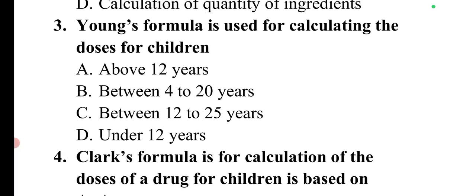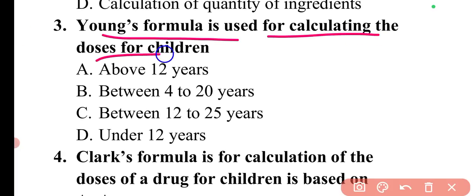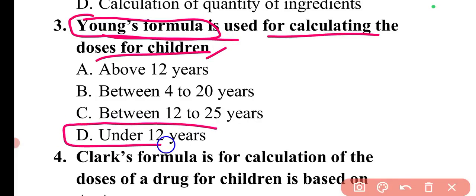Next question is, Young's formula is used for calculating the doses for children. For child dose calculation, there is one Young's formula, and the question is mostly asked from this particular formula. Young's formula is used to calculate doses for children under the age of 12 years, so option D is correct.